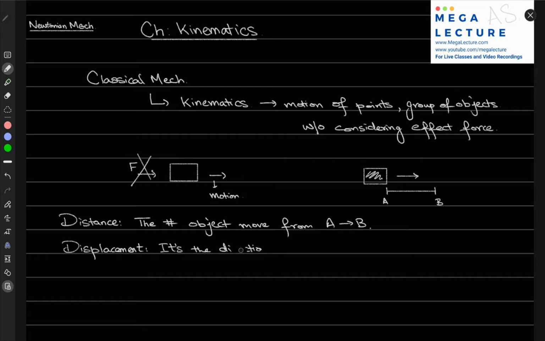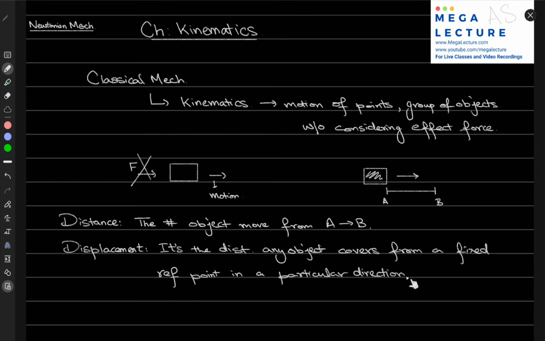It is the distance any object covers from a fixed reference point in a particular direction.